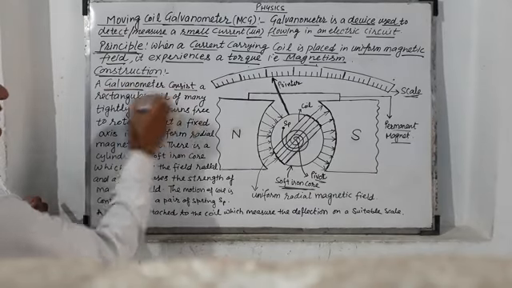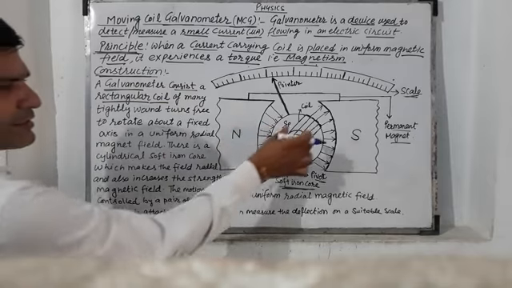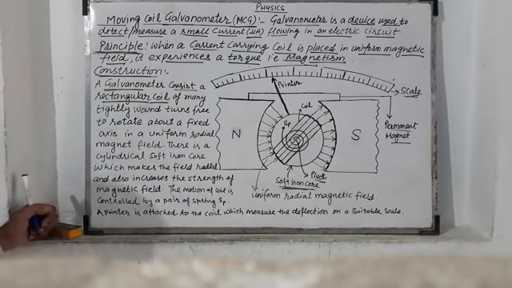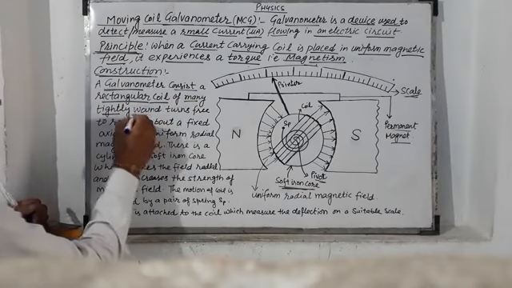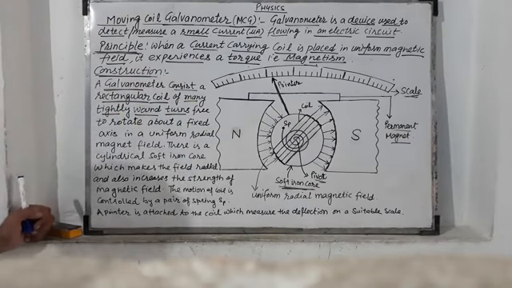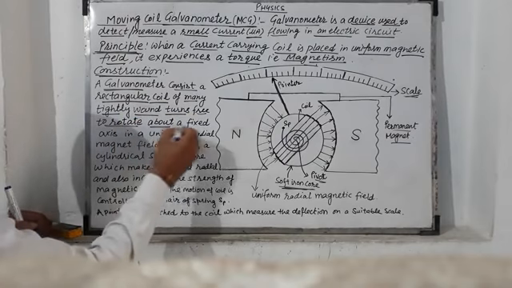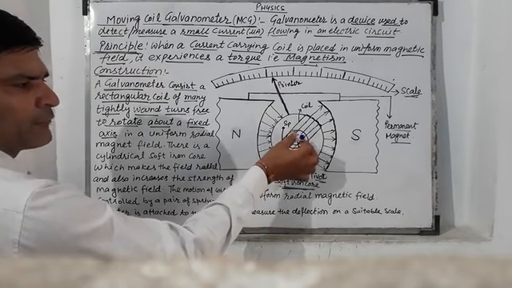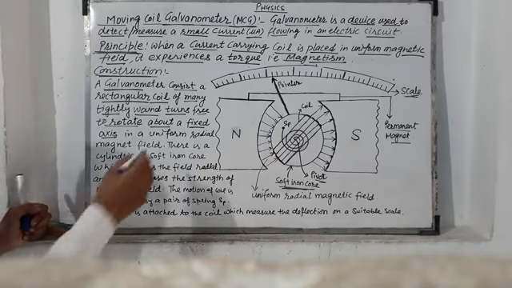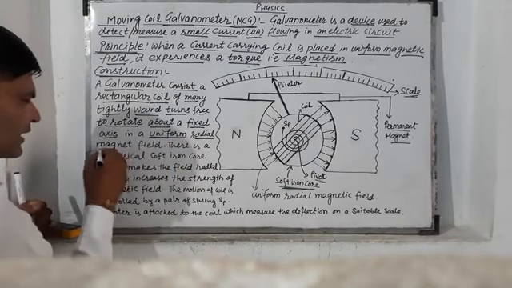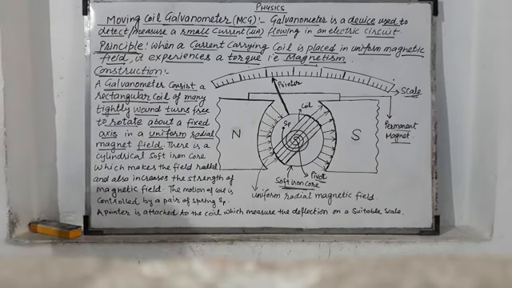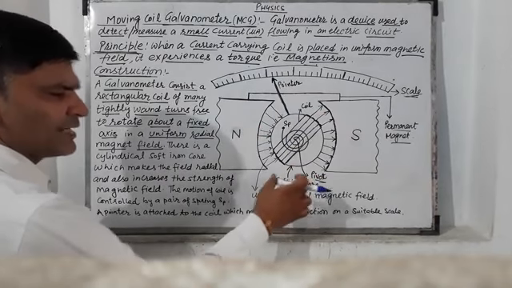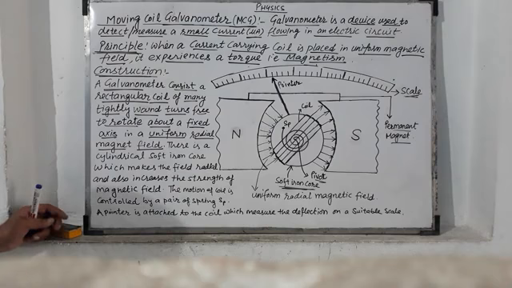A galvanometer consists of a rectangular coil of many tightly wound turns, free to rotate about a fixed axis in a uniform radial magnetic field. As you know, the horseshoe magnet and soft iron core make the field radial.